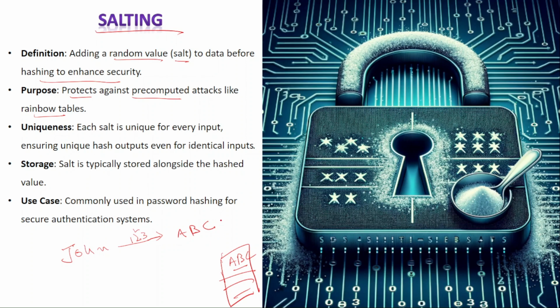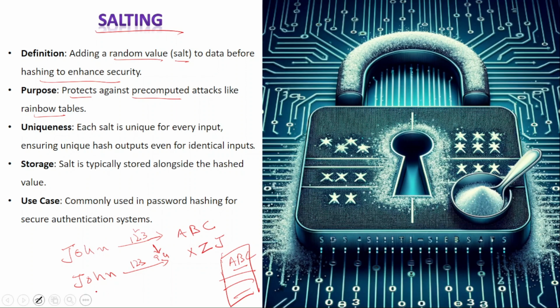So how to remove this hack? And this is done through salting. How does the salting work? So John enters the password 123, but this time a random number is added to this password, and this random number, let's suppose, may be 94. So this results in a completely different hash.